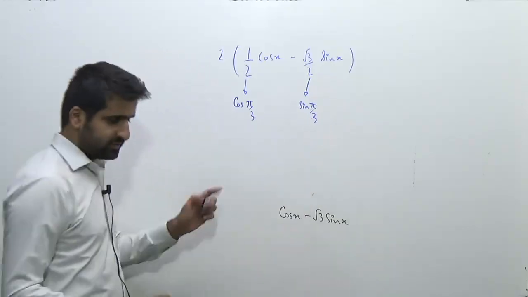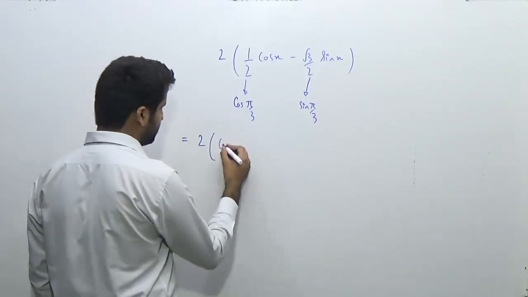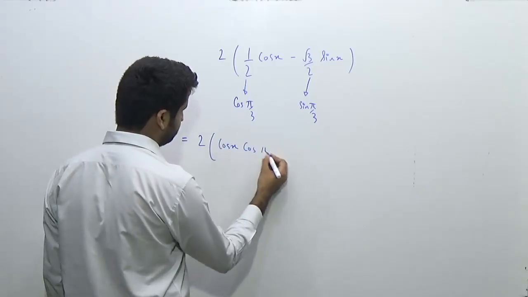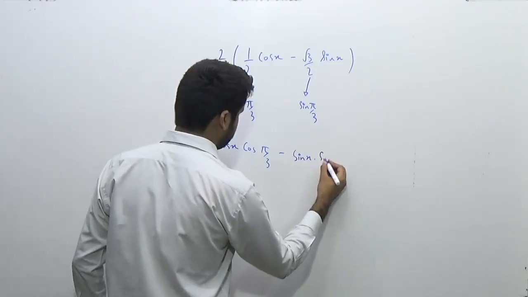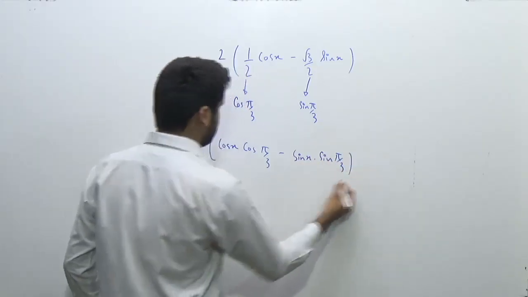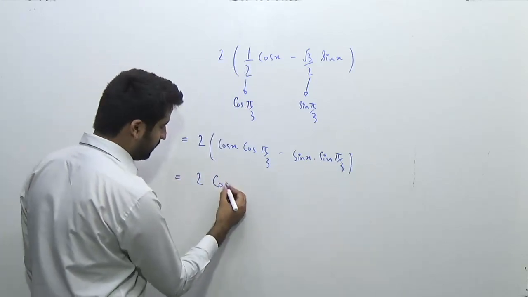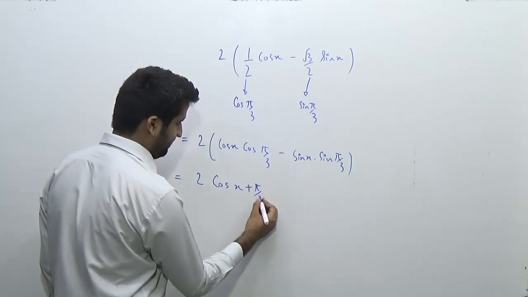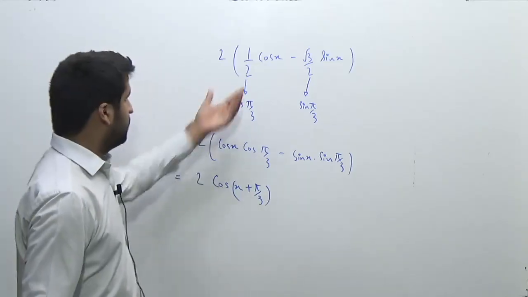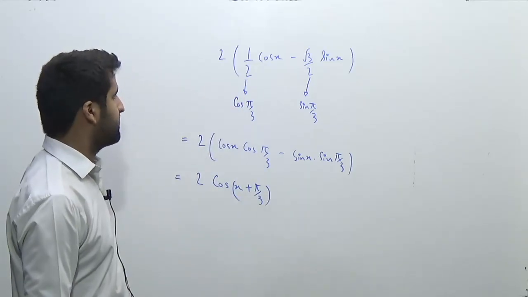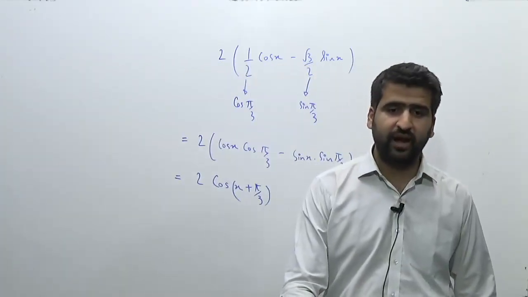So this expression will become 2 times cos x cos pi by 3 minus sin x into sin pi by 3. Now this is the formula cos A cos B minus sin A sin B. So this can be written as 2 times cos of x plus pi by 3. So this is what we got by deducing it further. Now in the next lecture we'll learn about the multiple and submultiple angles.